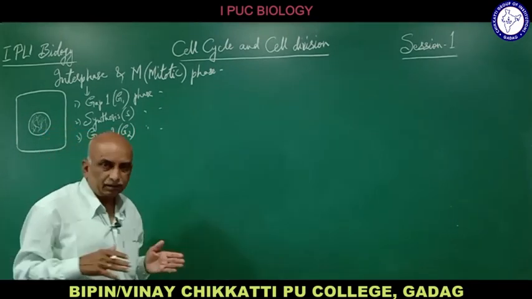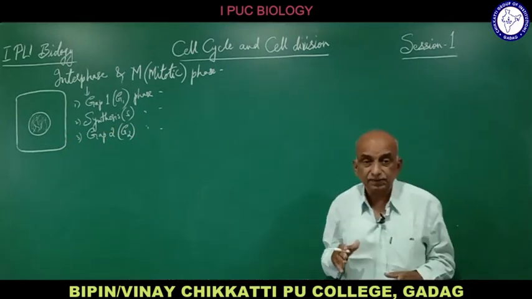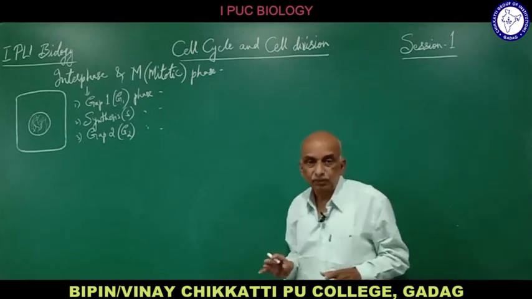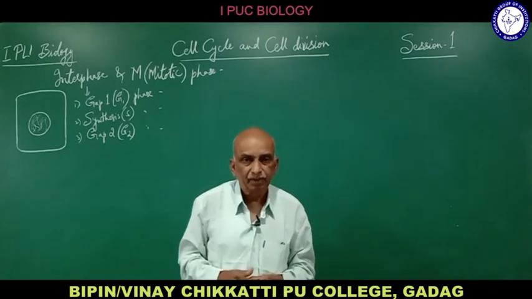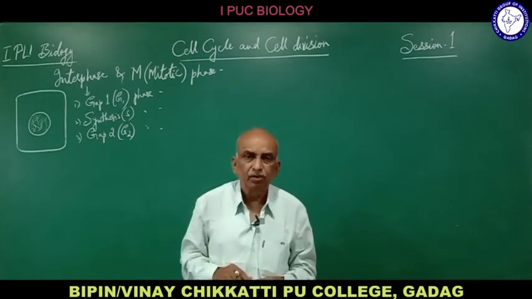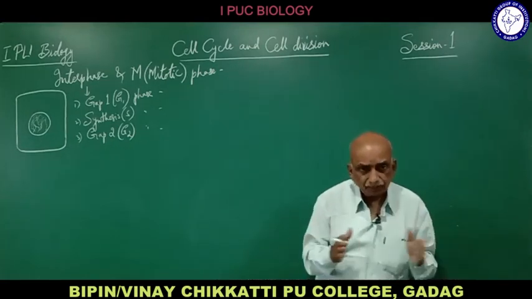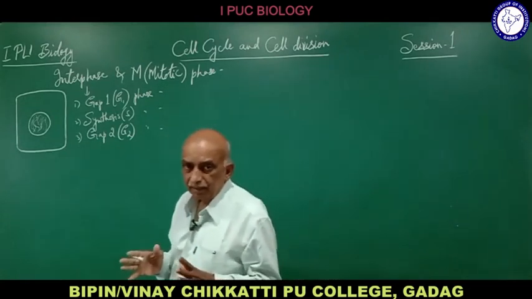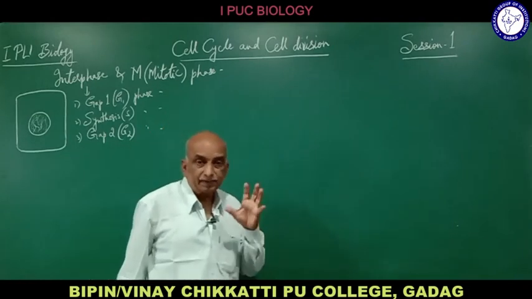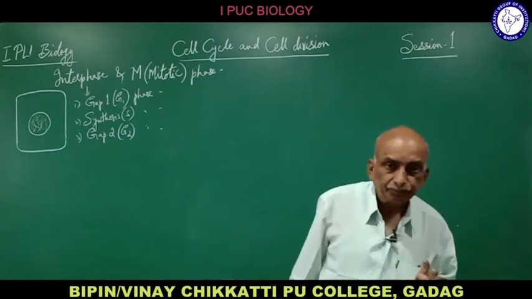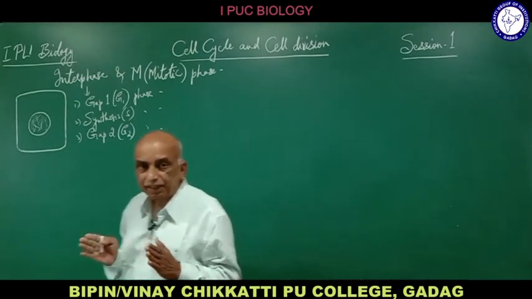Here the growth of the cell to its maximum size means it does not increase remarkably. There is no increase in the size of the cell to a great extent. To a certain extent, or even to a small extent, the cell will grow and become metabolically active.